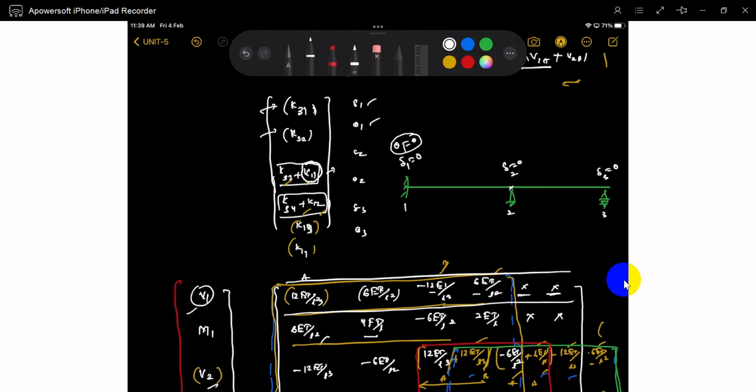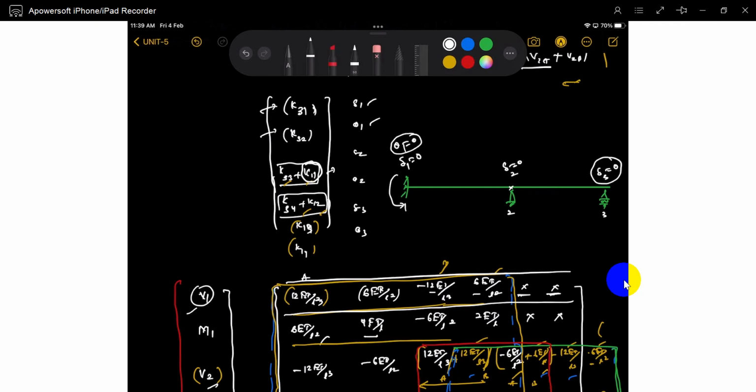If you restrict it, you will get a force. If you release it here, there is no force, there is no moment. If you restrict, the forces will generate. If you allow it, no forces are generated. So you already know in temperature stresses, if you restrict only, forces will generate.